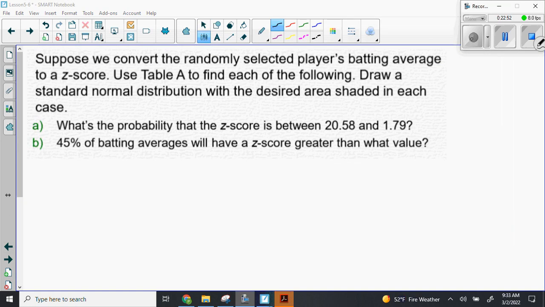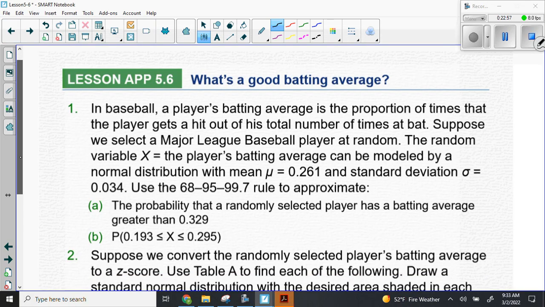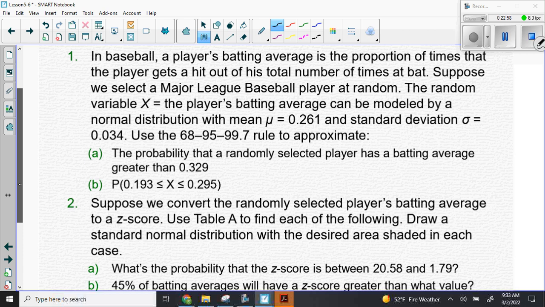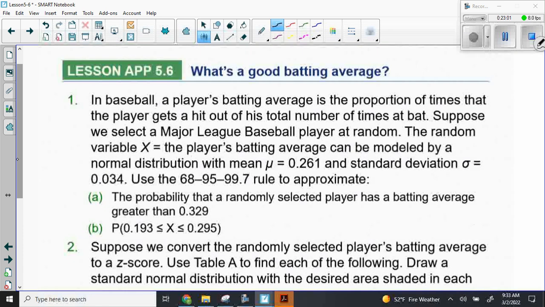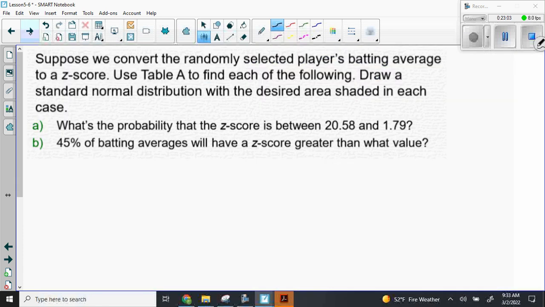All right, so in order to answer number 2, first thing I need to do is recall my mean is 0.261, my standard deviation is 0.034. So what's the probability that the z-score is between 0.2058 and 0.179?